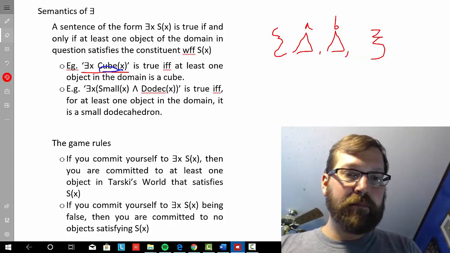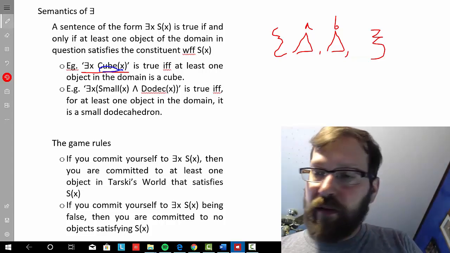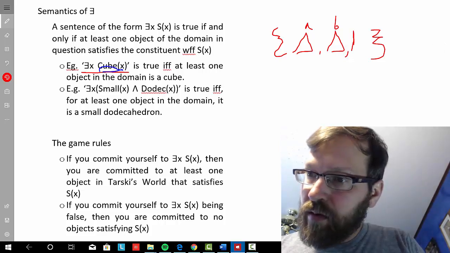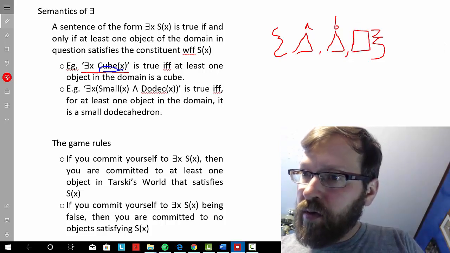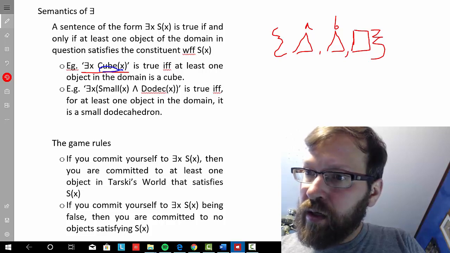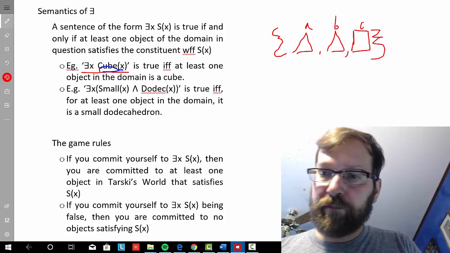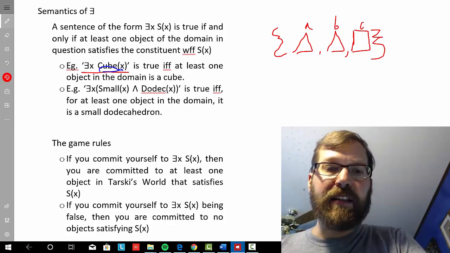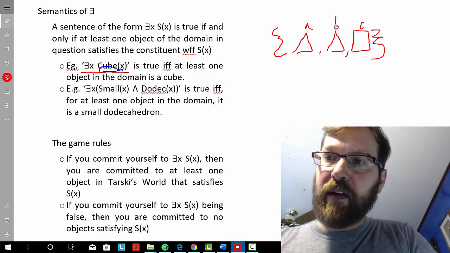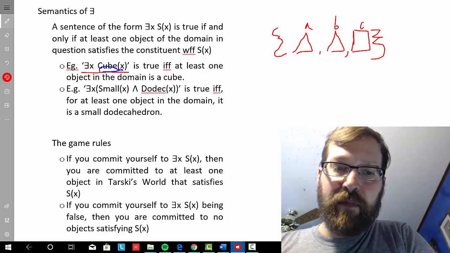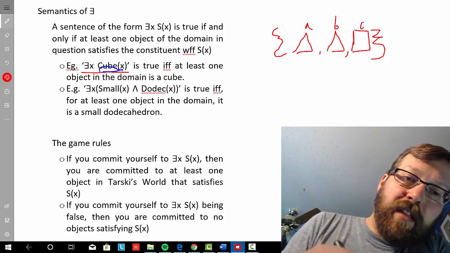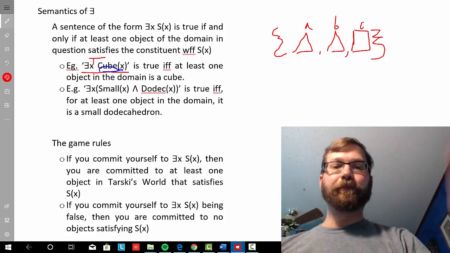But in this case, if I have at least one cube, then even though A doesn't satisfy the formula and B doesn't satisfy the formula, C will. And this will then be a true sentence.